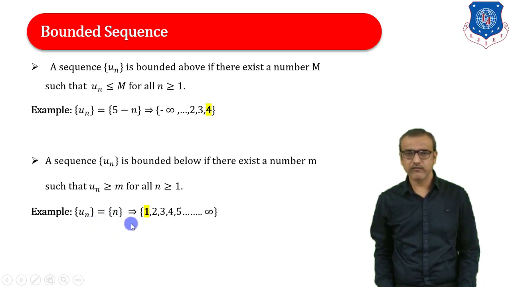Now for different values of n, starting from 1 to infinity, for n = 1 it is 1, for 2 it is 2, and up to infinity. Now you can see that each and every term of this sequence is 1 or greater than 1. So we can say that this sequence is a bounded below sequence.